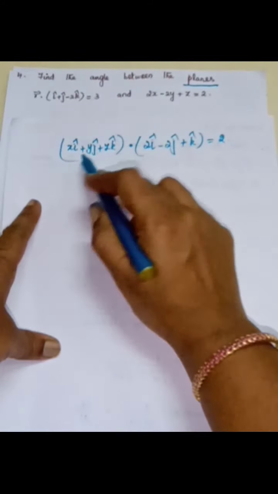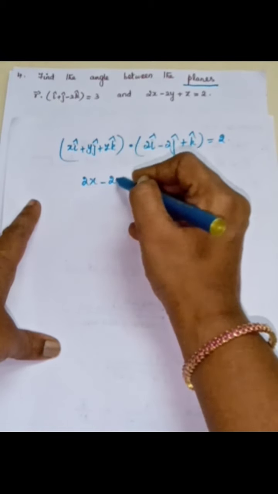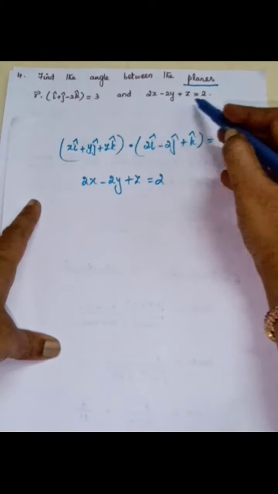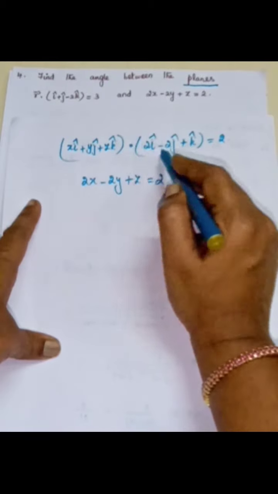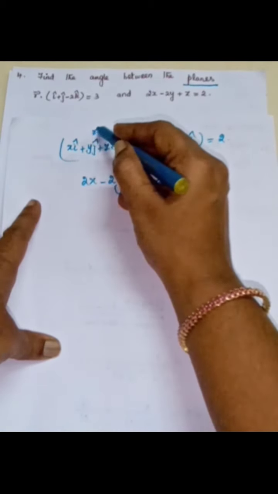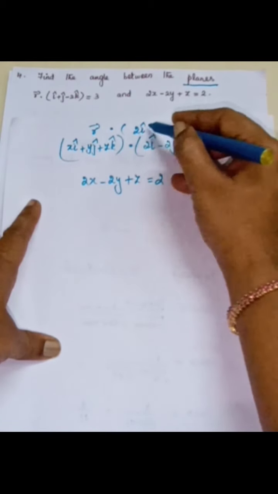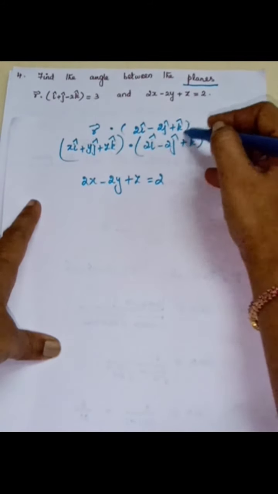So if you take the dot product, what has to come? It is 2x minus 2y plus z is equal to 2. So see that this equation is this. So it can be written in the vector form like this. So this you can take as r vector. So r vector dot 2i cap minus 2j cap plus k cap is equal to 2.